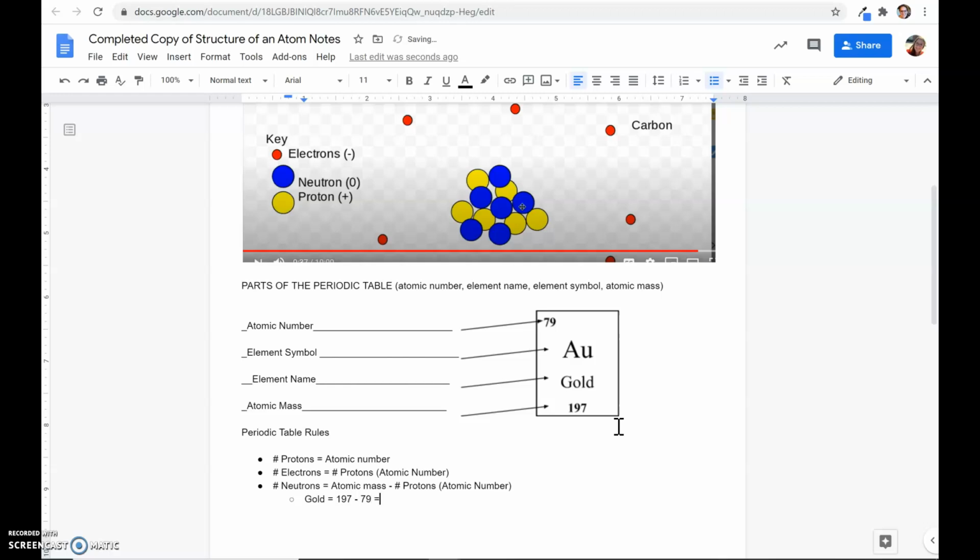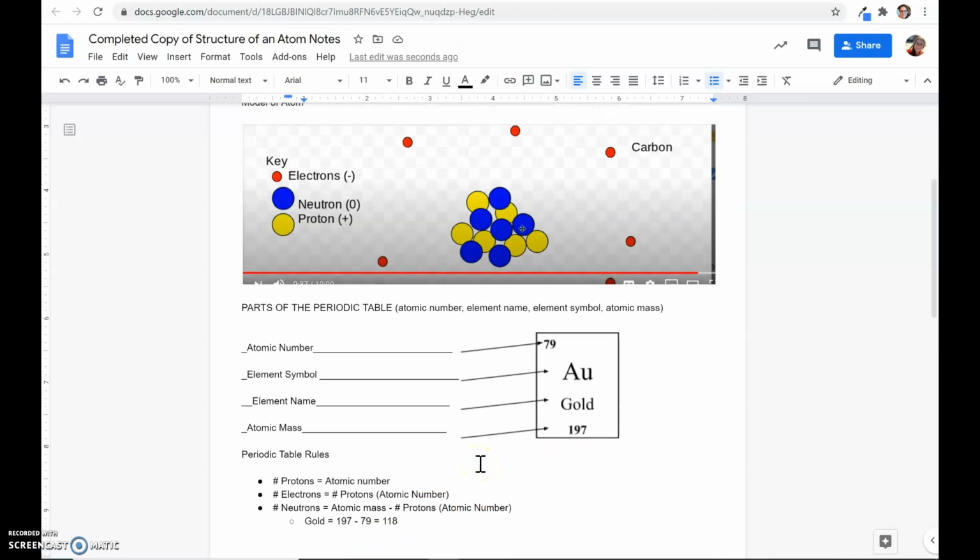Then if you need to use a calculator, you can, or you can just do some mental math really quick, and our answer is 118. There's 118 neutrons.